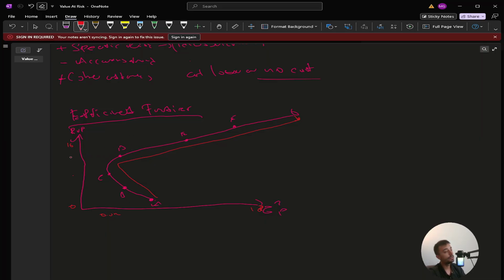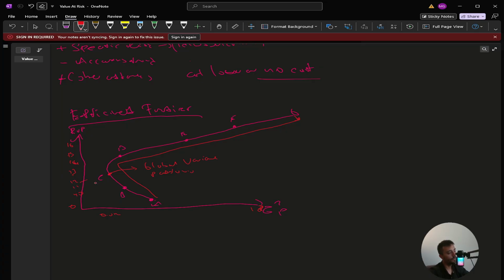This is always about risk and return. Point C is the global minimum variance portfolio here, because it is the efficient portfolio offering the smallest amount of total risk.